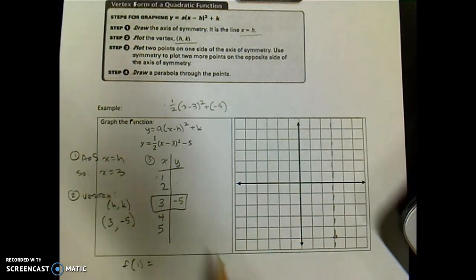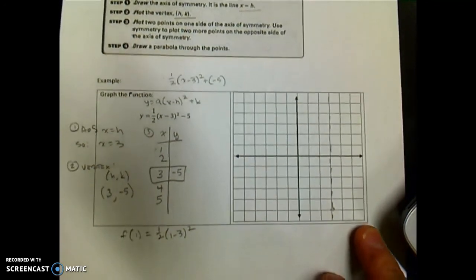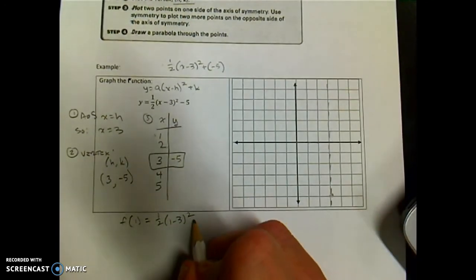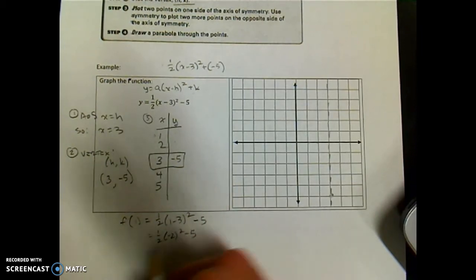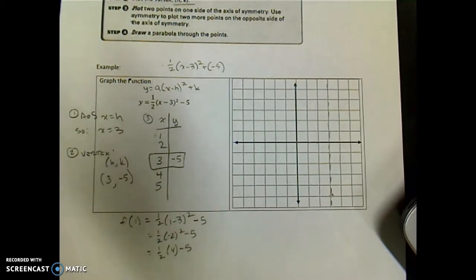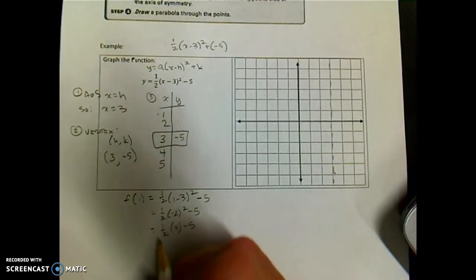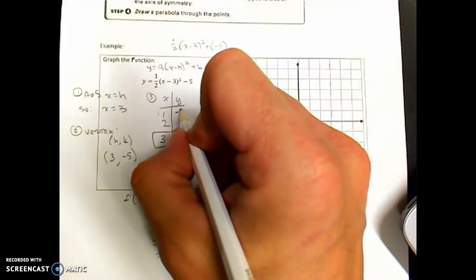So when I plug 1 in, (1/2) times the quantity 1 minus 3 squared, minus 5. It's half of negative 2 squared minus 5. Half of 4 minus 5, which will equal negative 3.